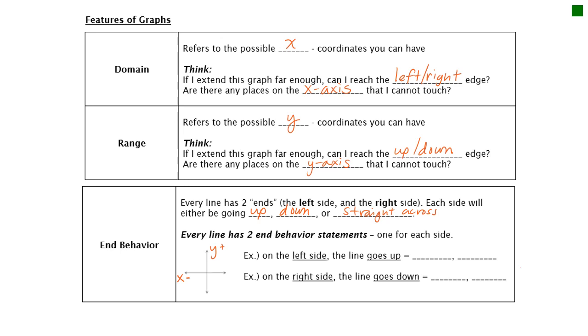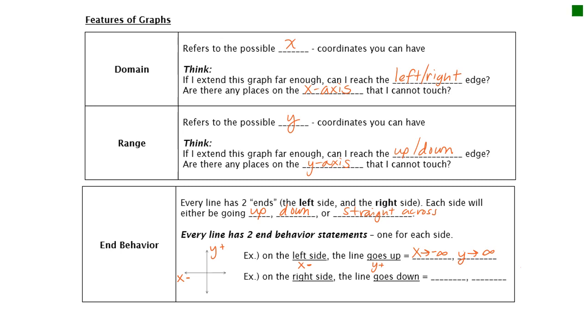So how you would write that: x goes to negative, y goes to positive. You always have your x statement and a y statement. So you would say as x goes to negative infinity, because you're going to the left side, the y goes up, so the y would be going to positive infinity.